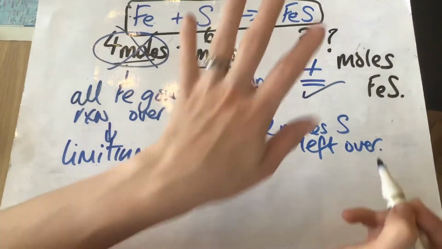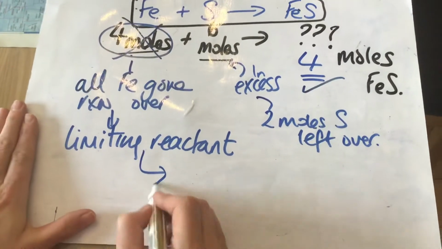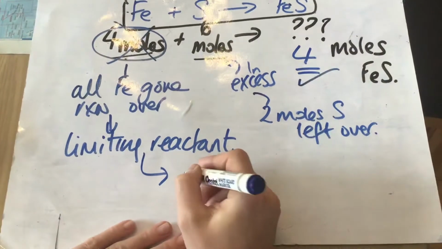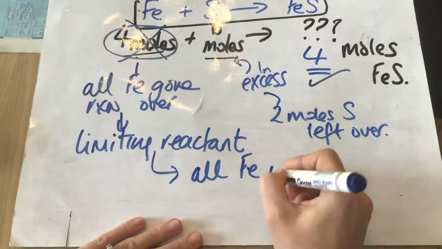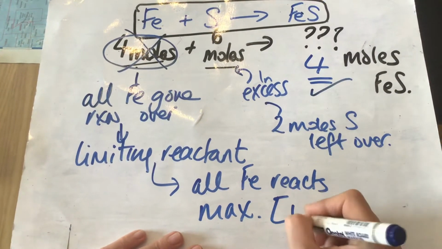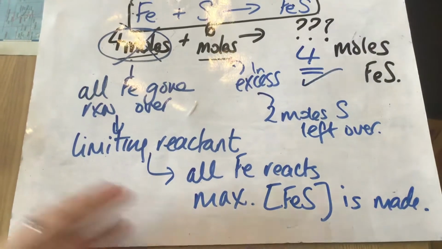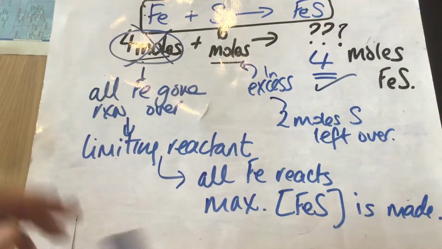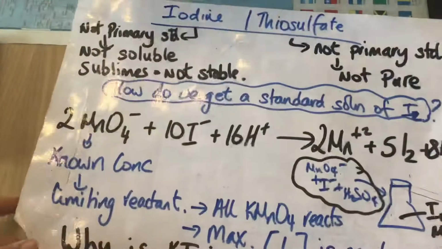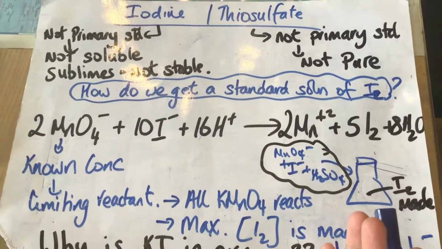So the sulfur is in excess, the iron is the limiting reactant. Now, just before I go to the titrations, what does it mean if the iron is the limiting reactant? Remember, all of the iron reacts and the maximum amount of iron sulfide is made because all of the iron reacts.